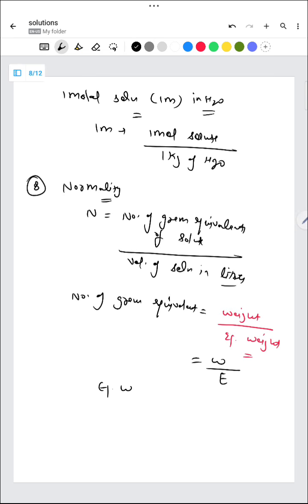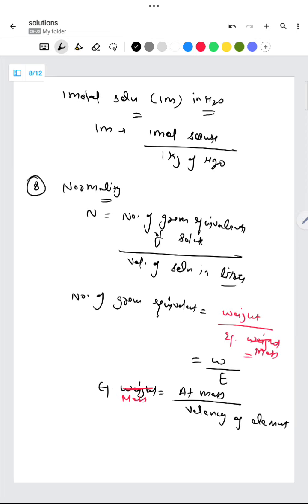And what is this equivalent weight? We can use the term equivalent mass here instead of equivalent weight. The equivalent mass of an element is equal to atomic mass divided by the valency of the element, because that was atomic mass in the number of moles, not atomic weight.